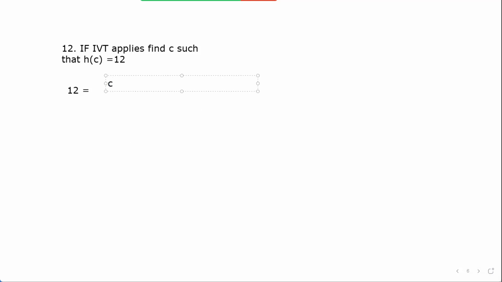Remember, this changes to c at this point, because this is f of c, right? Now, how do we solve that?